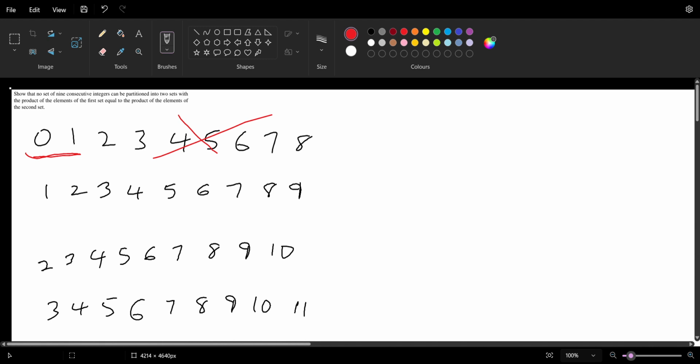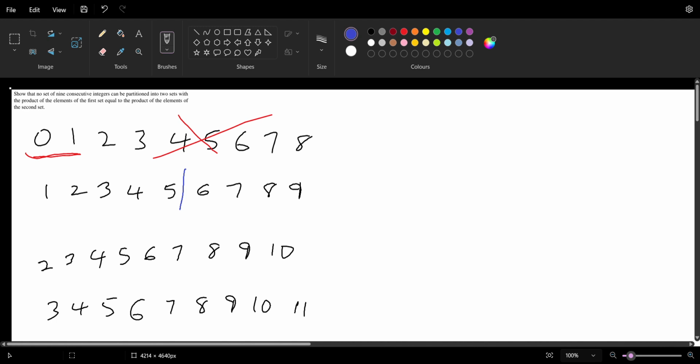I actually don't know why I wrote this, because I'm not ready to multiply this thing. The way I'm looking at it, I don't think we can start partitioning it and multiplying, because we don't necessarily have to split it into two like this and multiply.